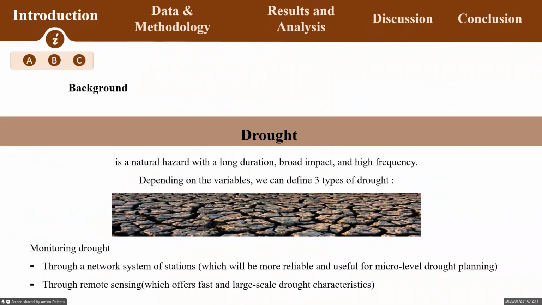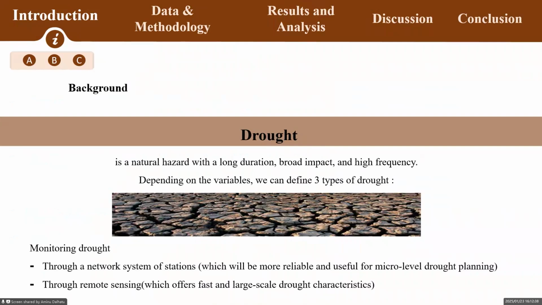Depending on the variable that we take into consideration, we can define three types that we're going to take a look at in the next slide. To monitor these droughts, we have two solutions. The first one is through a network of stations, which is basically, in each country, a system of stations that measures the soil moisture in specific fields.